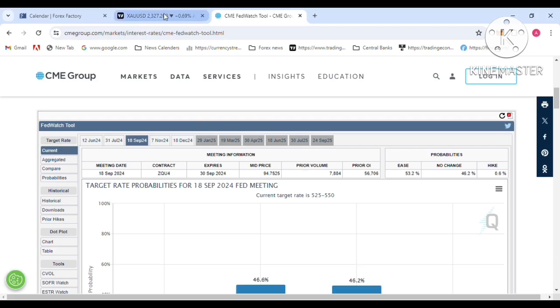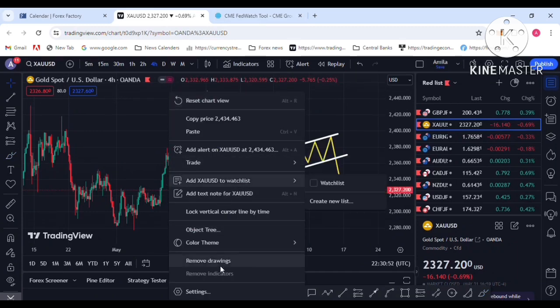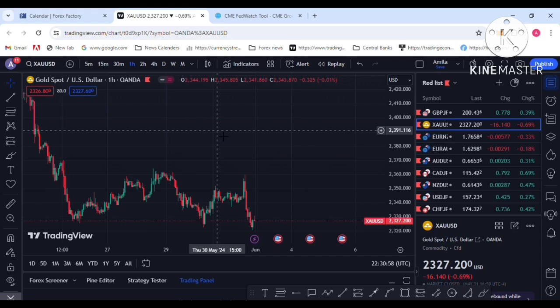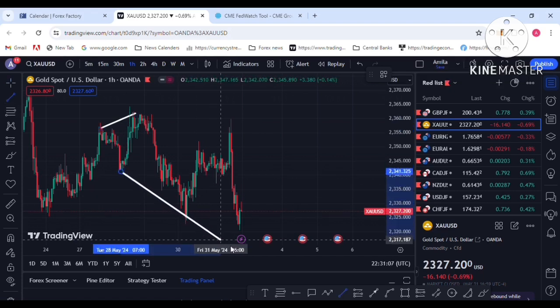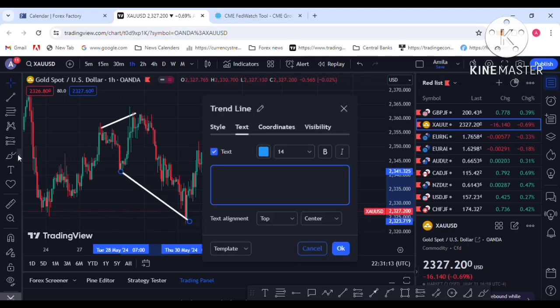Let's go to the technical analysis for your next week gold trading. This is the 4-hour chart, and I am going to the 1-hour chart for a clearer picture. I am seeing a famous pattern here: a higher high was created, then a lower low was created last week. This is the QM pattern.